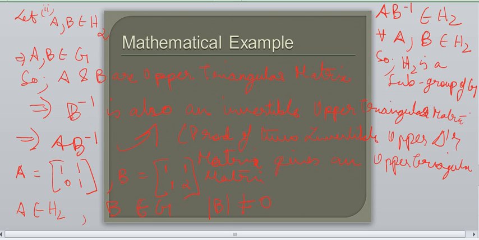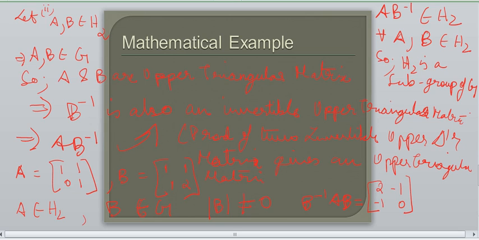Again, you have to do the same thing then. B inverse AB will give you what? B inverse AB in matrix form is going to give us... There's no place to rub actually, so I will tell you what will happen here. You have to find the B inverse. B inverse will give you 2 minus 1 minus 1 0.